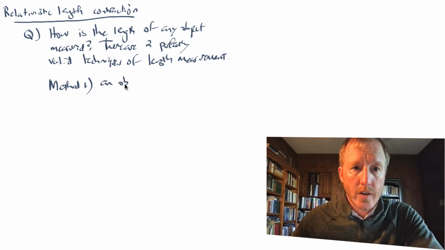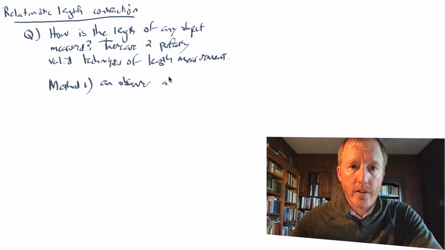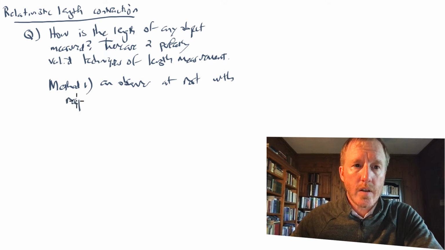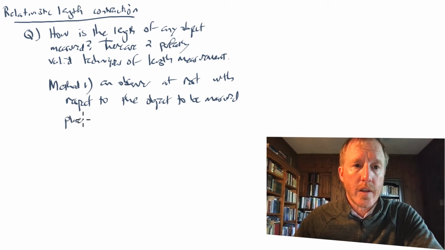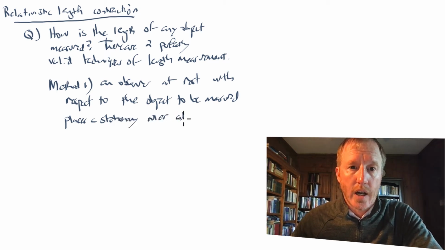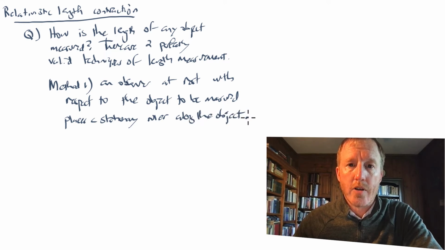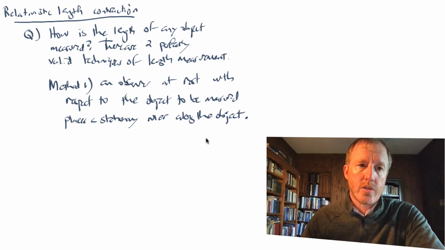An observer at rest with respect to the object under consideration, so the object to be measured, places a stationary ruler along or against the object. This is a very typical way of measuring the length of something, and this is non-controversial.